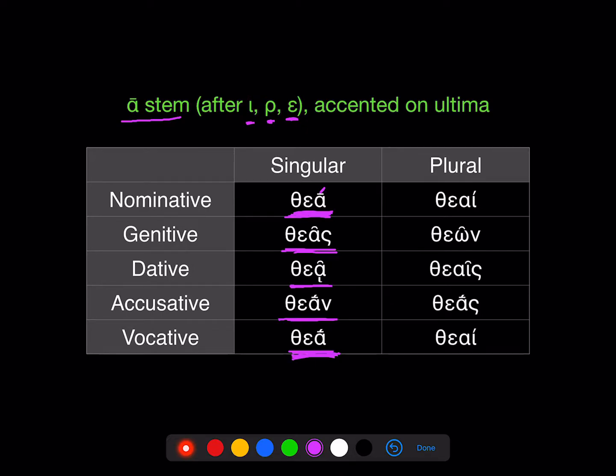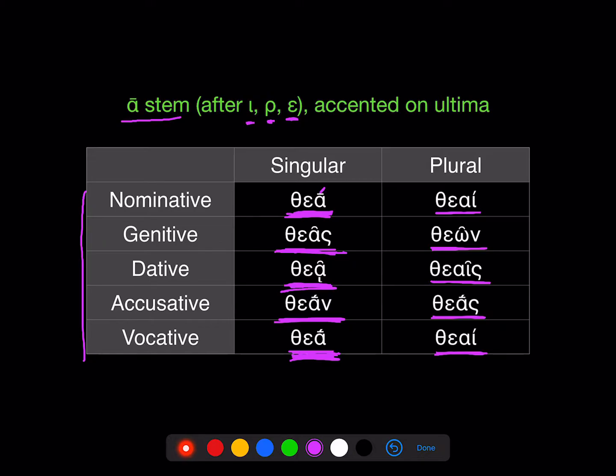So there's the singular: nominative, genitive, dative, accusative, and vocative. And then here are the plurals: theai, theon, theais, theas, theai. Okay, so there's the singular and plural in all 5 cases, right?